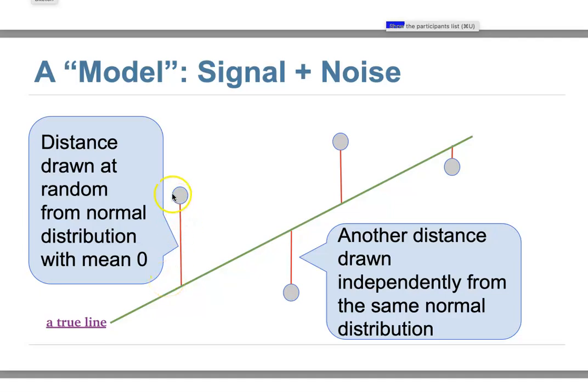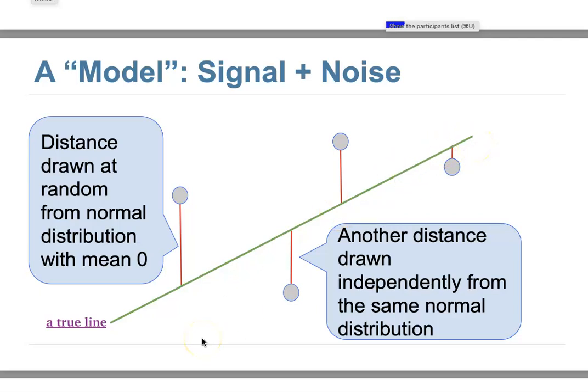So here we take one data point. This data has a specific x, and then we have the y here. The observed y minus the estimated y is a distance drawn at random from a normal distribution with mean 0. We do have a true line, but not all the data lie exactly on this true line.